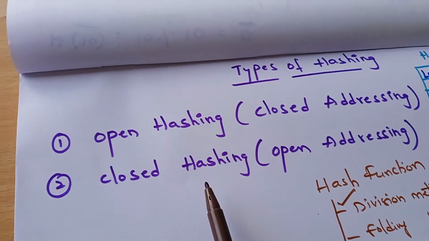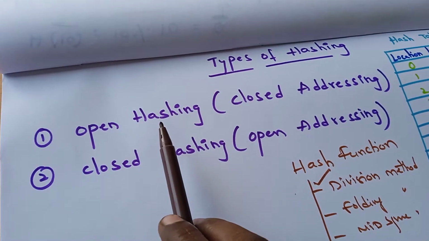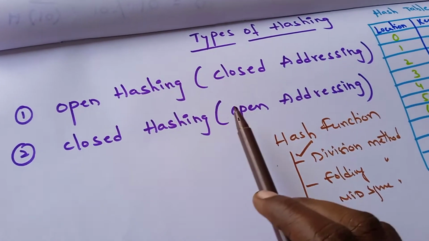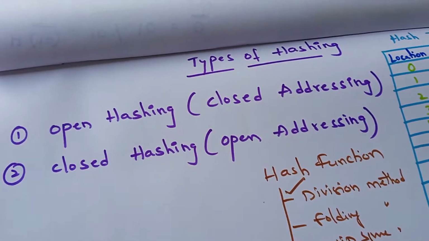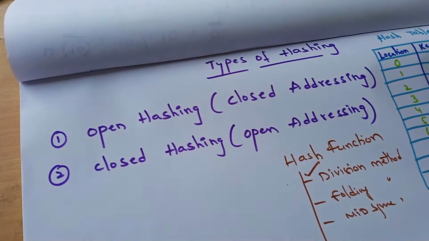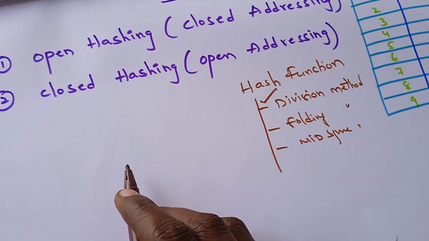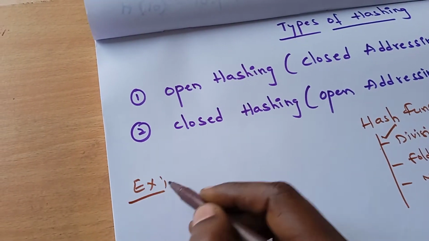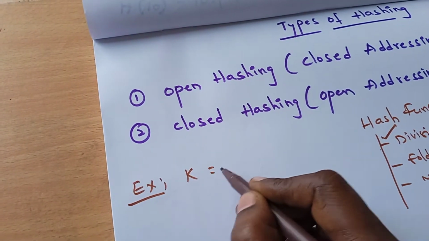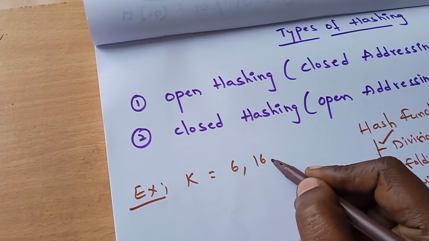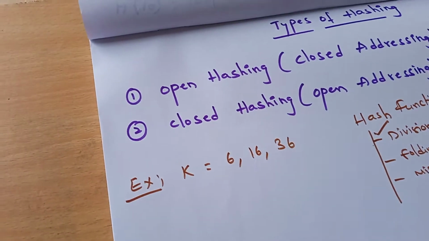There are two types of hashing: open hashing, which is also called closed addressing, and closed hashing, which is also called open addressing. Before we talk about each one, let's understand one example. The example is: keys k equal to 6, 16, 36.